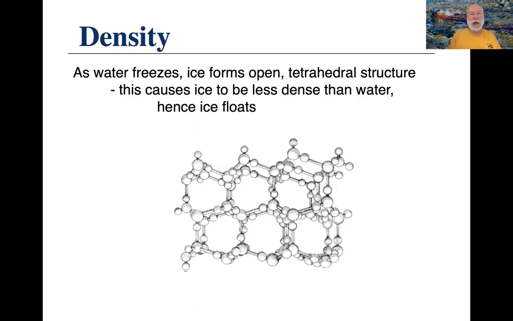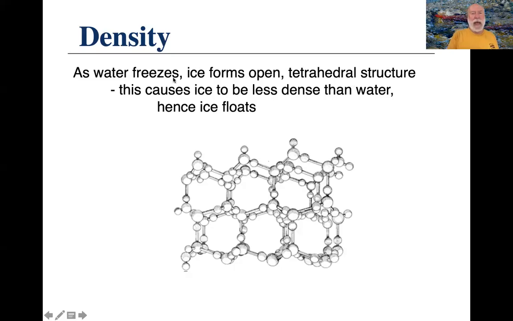And as it freezes, it starts forming an open tetrahedral structure. So we get water being transformed from a liquid to sort of a crystalline substance, okay, with an open tetrahedral structure. And this is a representation of water molecules where they formed this tetrahedral structure, where they've formed this lattice work that we think of as being ice.